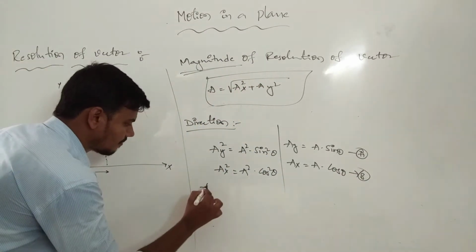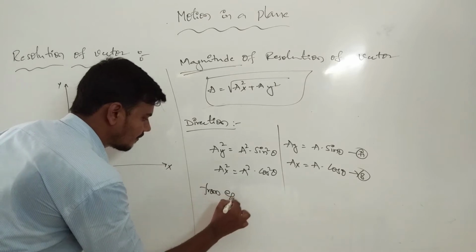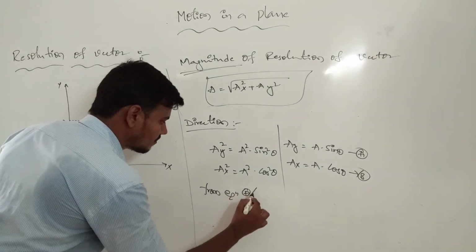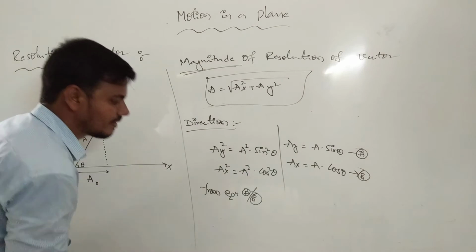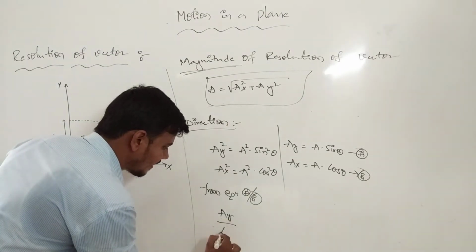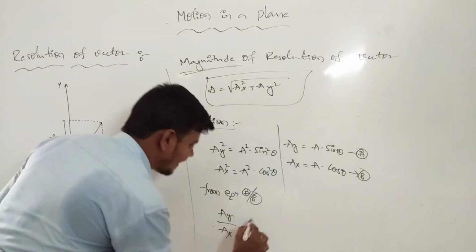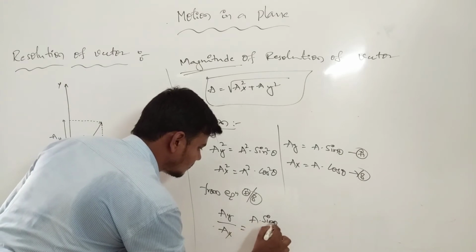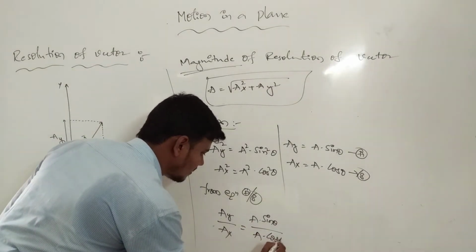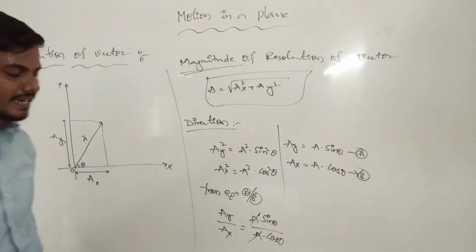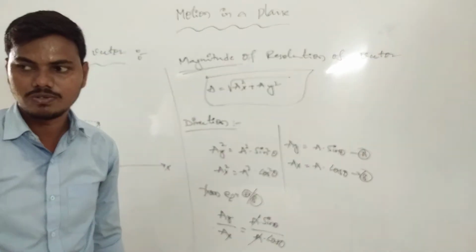From equation A by B, ay by ax is equal to a sin theta by a cos theta. A gets cancelled. Remaining sin theta by cos theta is equal to tan theta.